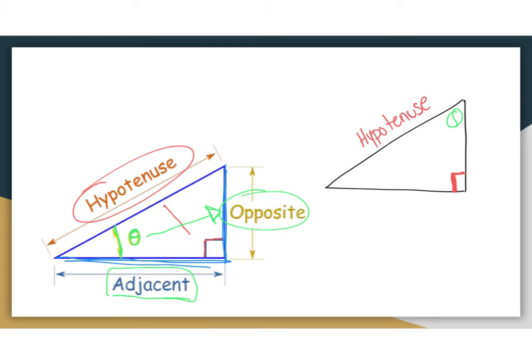So let's say our angle that we're talking about changed to this other corner of the right triangle. That means that the opposite side will now be the base, this leg down here. And the adjacent side will now become this right side. The hypotenuse, however, stays exactly the same. It does not switch places. It's always the side opposite of the right angle, but the adjacent and opposite side depends on the angle we are talking about.